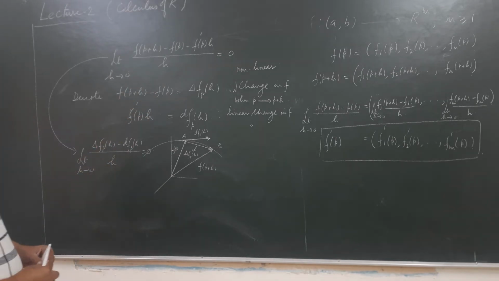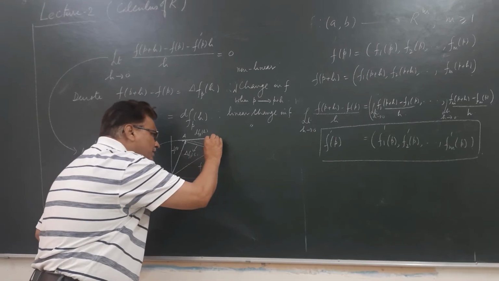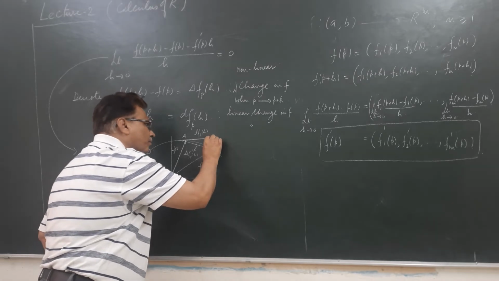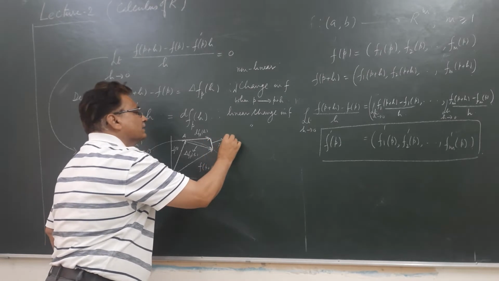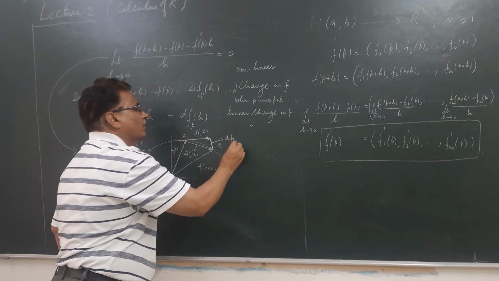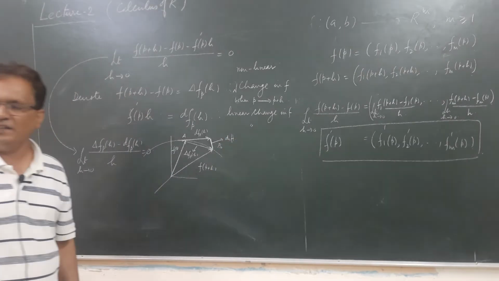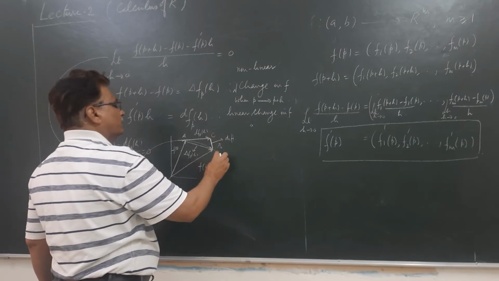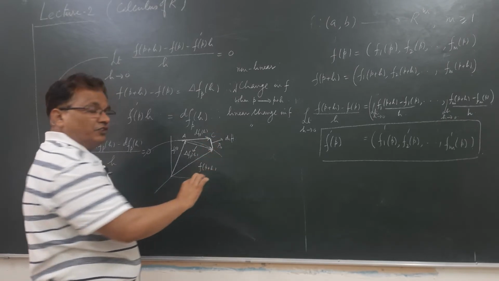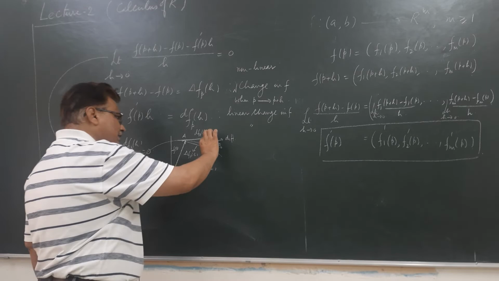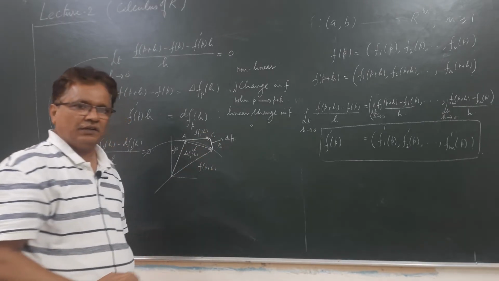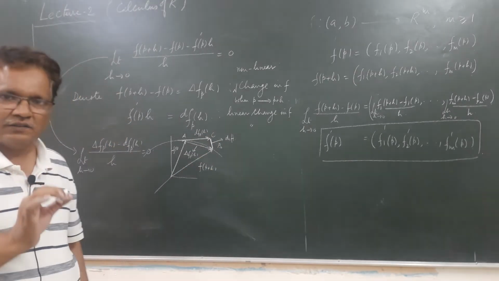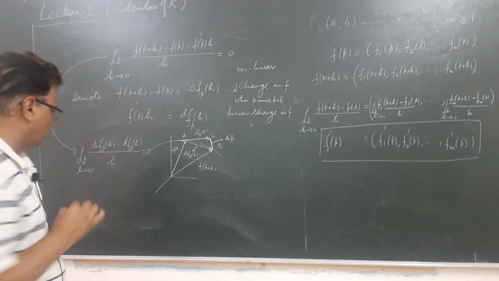Okay. So the difference between the two is this quantity. This is the difference between the nonlinear change and the linear change. If you call this point C, so what we are demanding for the function to be differentiable is that this difference CB must tend towards 0 faster than h.